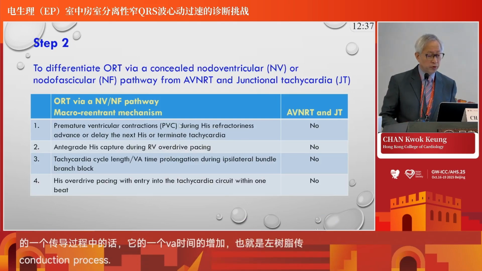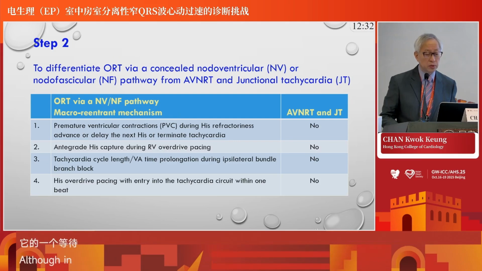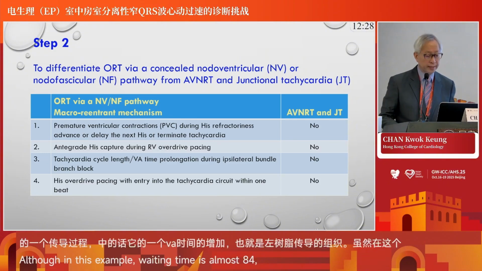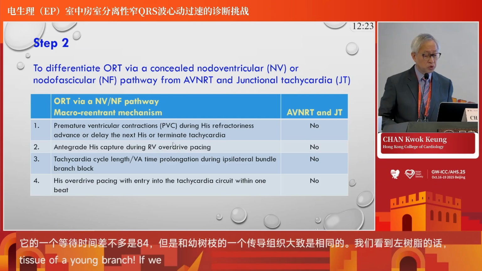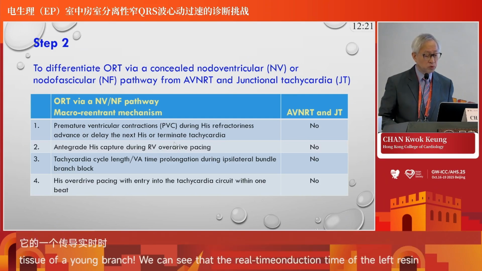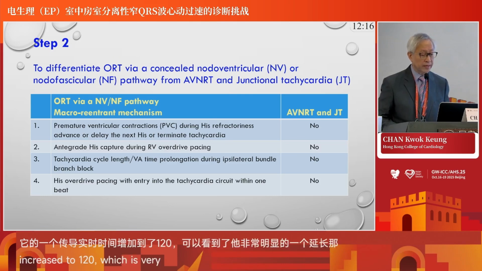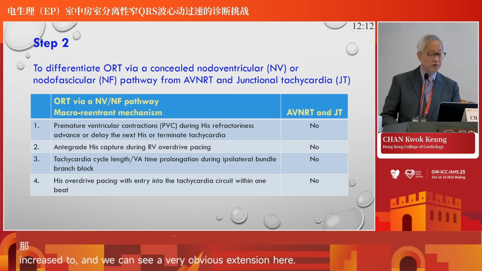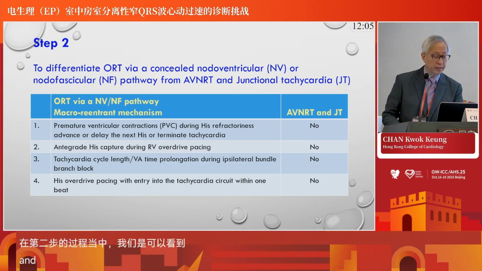So in summary, in step 2, when we try to differentiate ORT with a concealed nodoventricular or nodofascicular pathway from AVNRT or junctional tachycardia, we can see a number of phenomena. PVC, premature ventricular contractions during His refractory, can advance or delay the next His or terminate tachycardia, that is, it can influence the next His. And there is antegrade His capture during RV overdrive pacing.